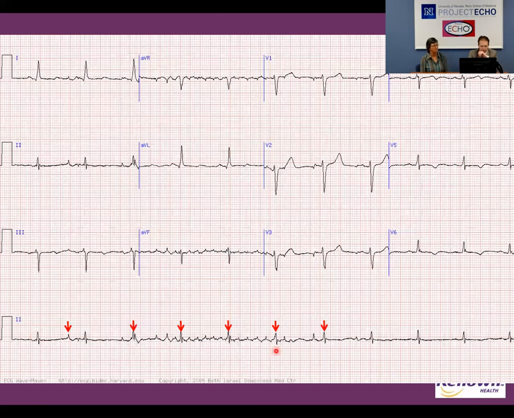And so that lets you know that probably these apparent flutter waves are artifact. And this is a classic sort of rate of artifact that you might see with a pill rolling tremor, for example, in Parkinson's disease or other things such as that.